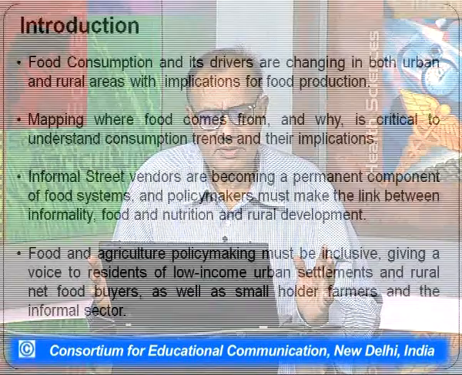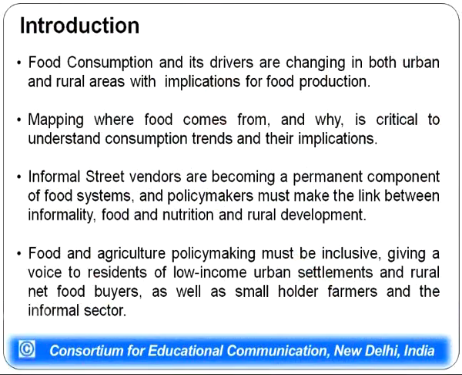As you know, food consumption and its drivers are changing in both urban and rural areas, with implications for food production. Mapping is very important: mapping where food comes from and why it is critical in a particular area.